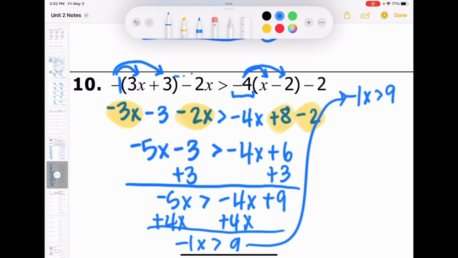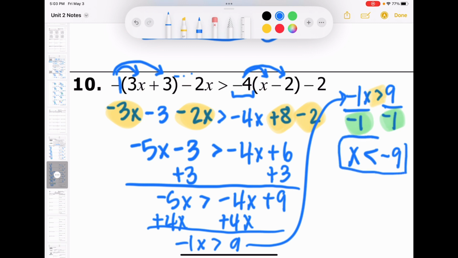All right, now I need to get rid of that -1, so I'm going to divide both sides by a -1. We're dividing by a negative number, so my inequality sign is going to flip to less than. And then 9 divided by -1 is -9.